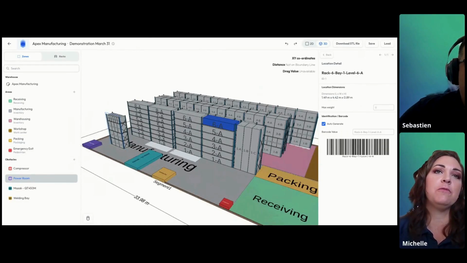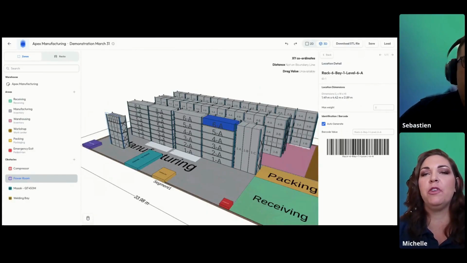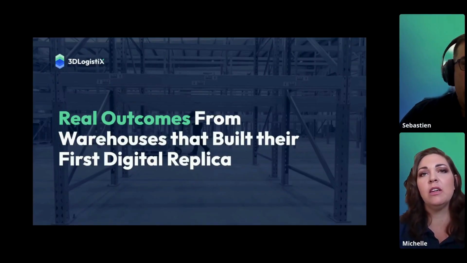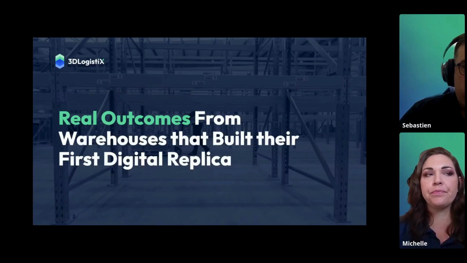So from a time perspective, Seb, I think if we just go into a bit more of the obstacles or the challenges that have been overcome in warehouses just by having this digital twin, I think if we could just pop into that, you guys can actually see the benefits that come from having a digital twin replica.